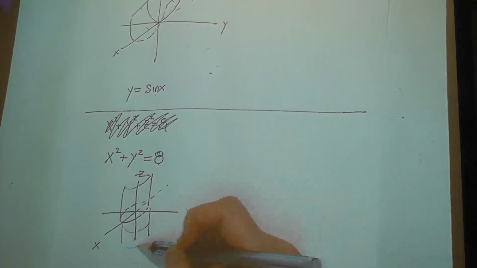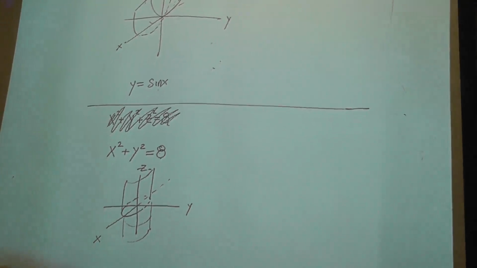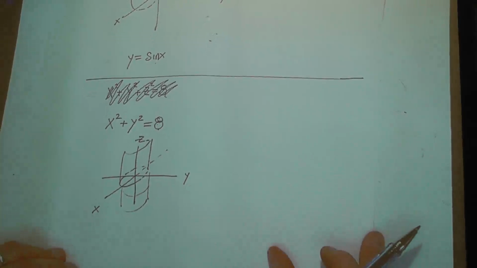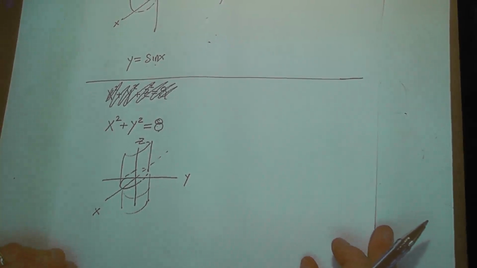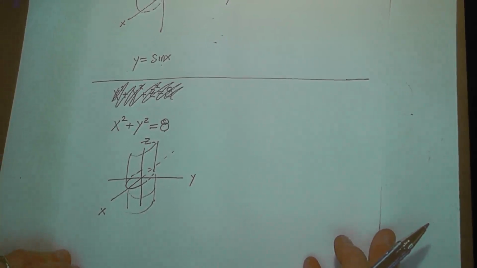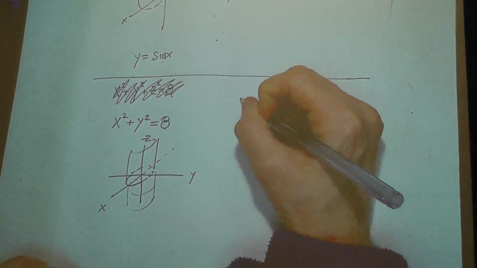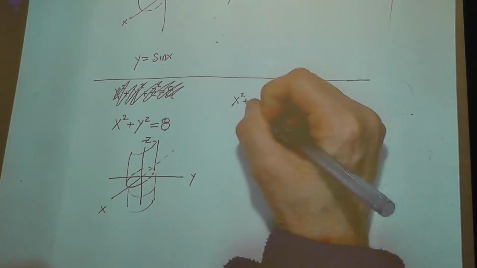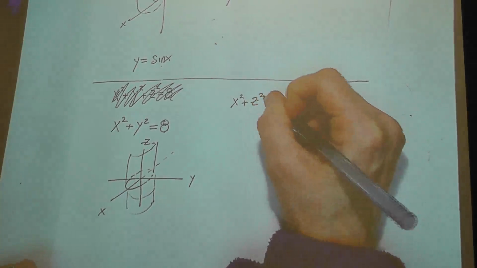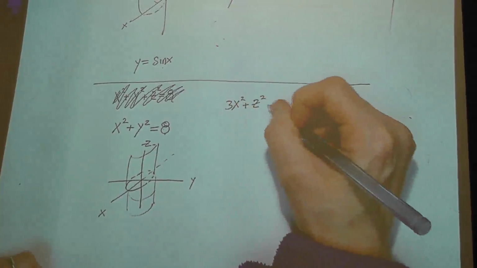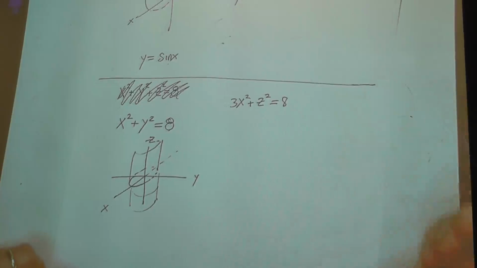This one I actually stand half a chance of getting a sort of acceptable picture. If I looked at x squared plus z squared, or say 3x squared plus z squared equals 8.